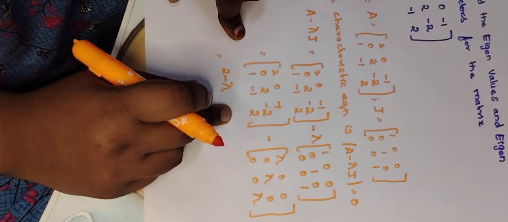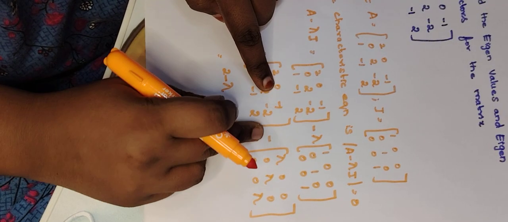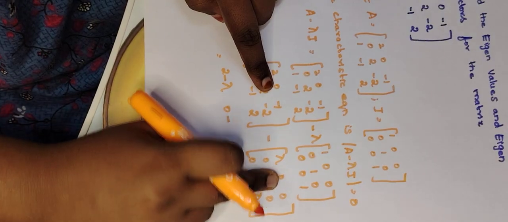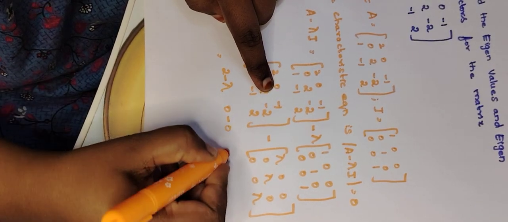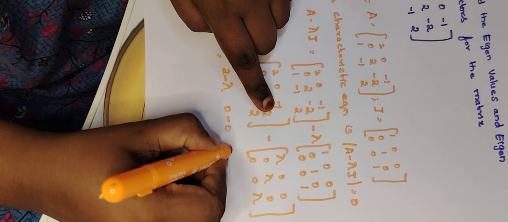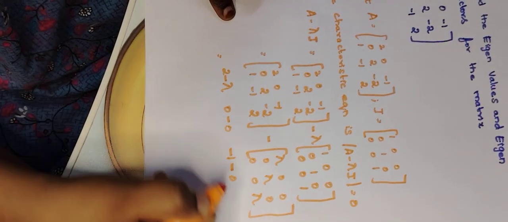Next, the second element is 0 minus 0, so this is 0. Similarly for the third element: minus 1 minus 0.